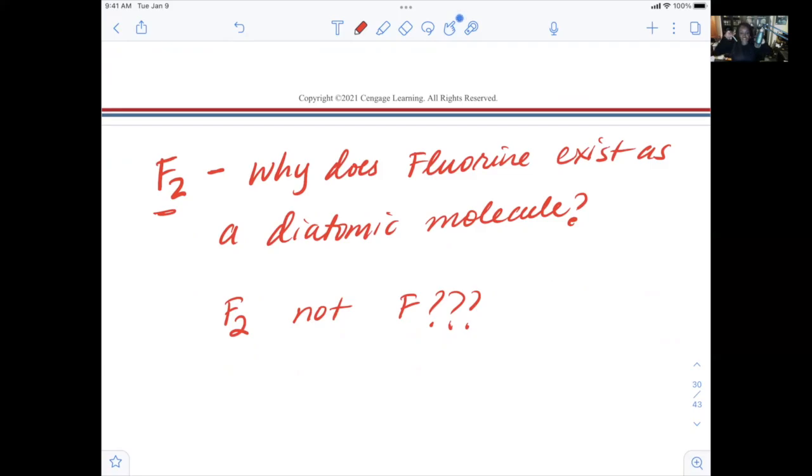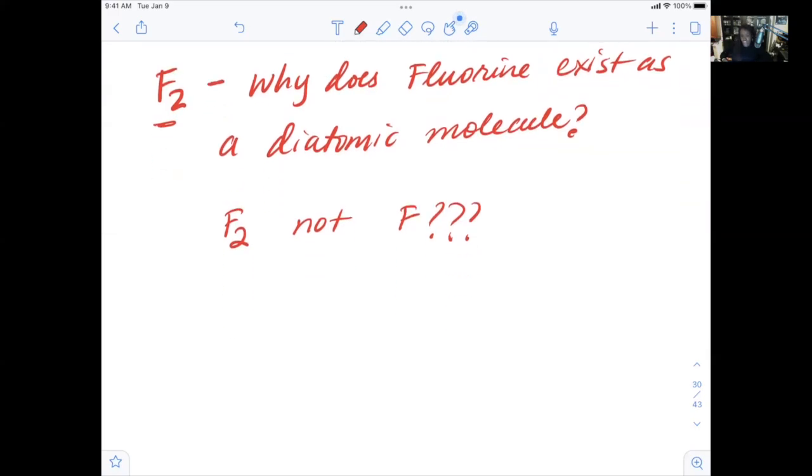As long as you have two uncombined fluorine atoms in nature, they will bond to each other and exist as F2 until they're ready to combine with other elements. Then they have no need for each other. They break up and then go and combine with other elements. So they're always diatomic when they're single, and when they're about to couple with other elements, they break apart, okay? So it's a relationship of convenience.